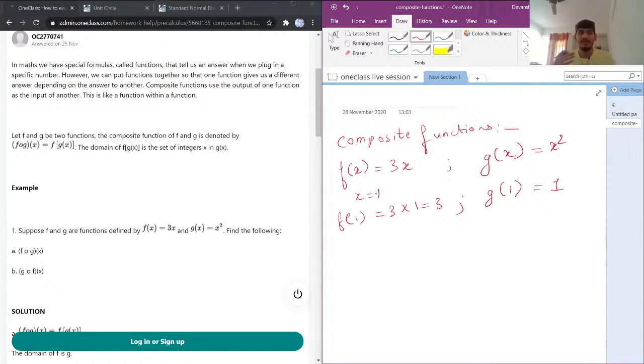Whatever values we put in x, we get the corresponding value as f of x. Sometimes, for simplicity, we also write this as y. So we just say y equals 3x.